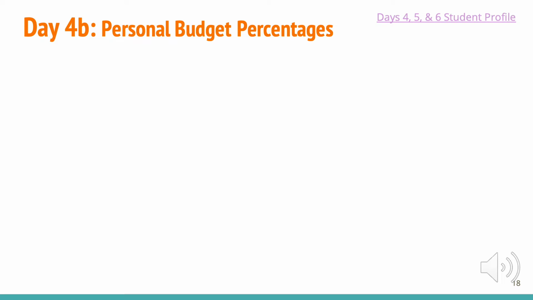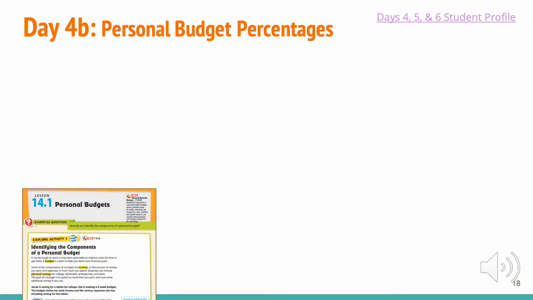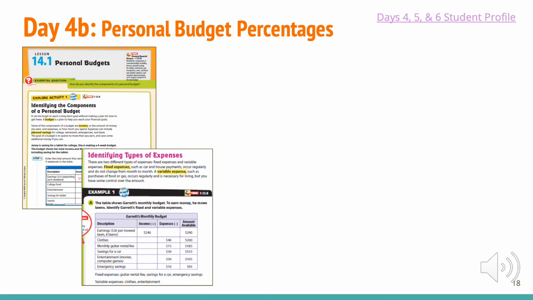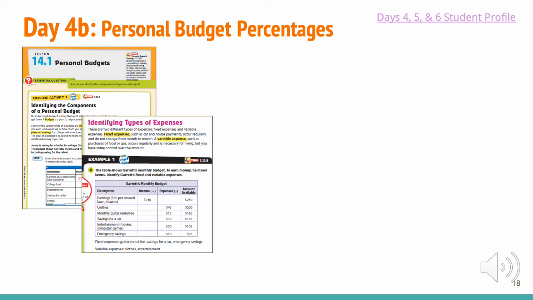The second half of day 4 would be looking at personal budget and the percentages that are attached to personal budgets. You'll have to address income and expenses, fixed expenses, and variable expenses.